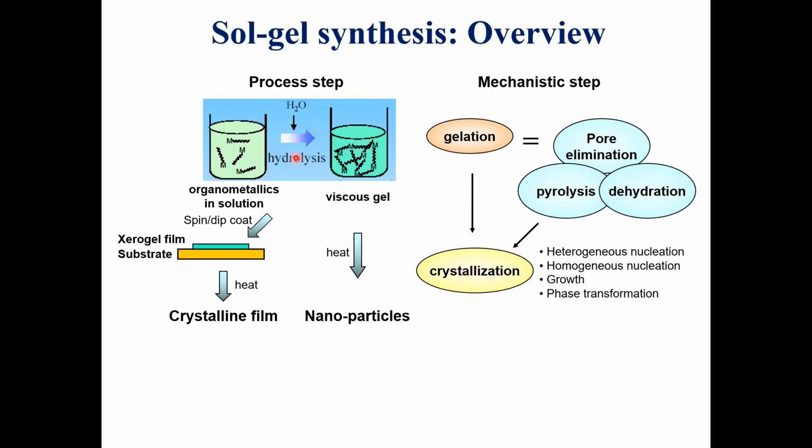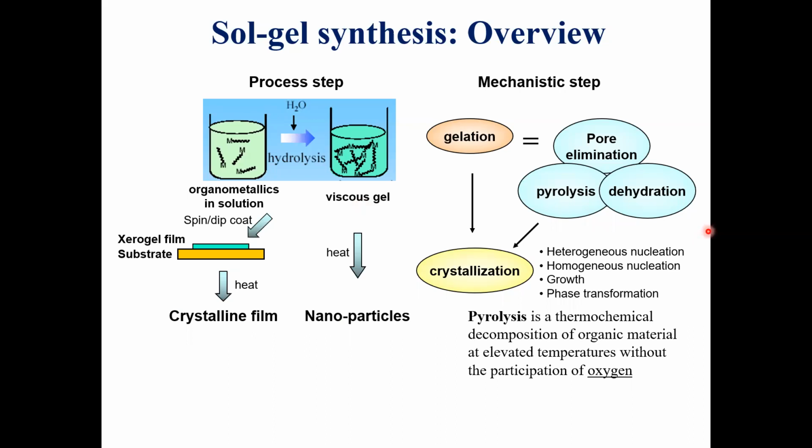When you hydrolyze, the polymers go through some chemistry and orient and interact with each other. It will form a viscous gel. We heat up, we can make nanoparticles, spread those, and make a thin film. So there's a lot of heterogeneous nucleation, a lot of nucleation and growth processes, and even phase transformation happening during this hydrolysis and polymerization process.